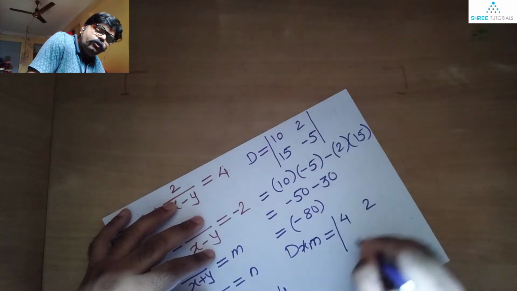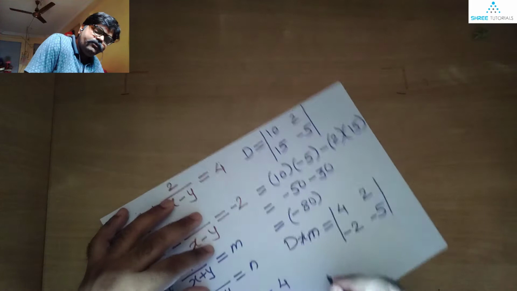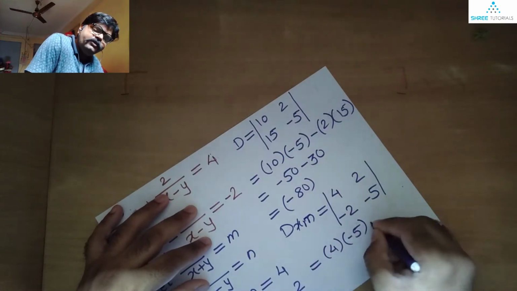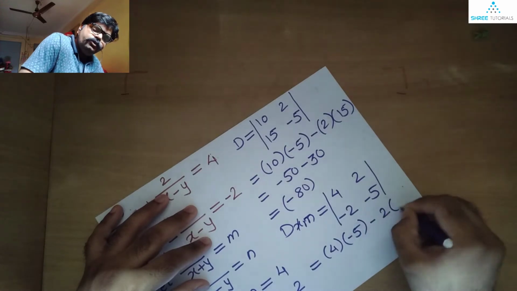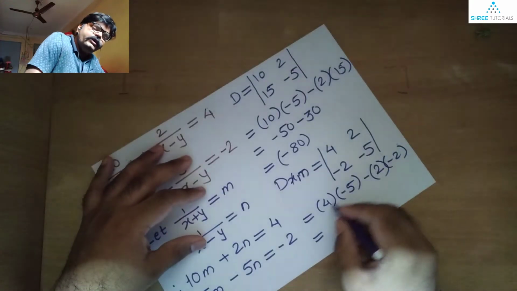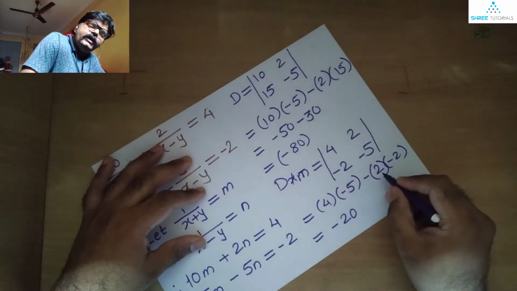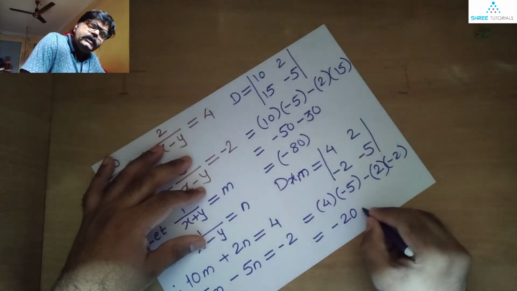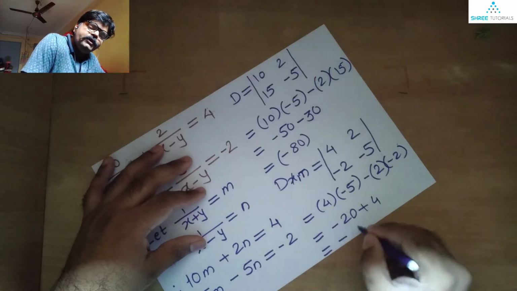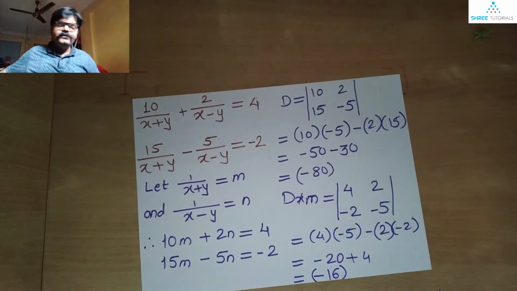This equals 4 into minus 5 minus 2 into minus 2. Therefore 4 into minus 5 should be minus 20, and minus 2 into minus 2 should be plus 4. Therefore we are going to have this final answer to be minus 16. So dm's value we have received so far.